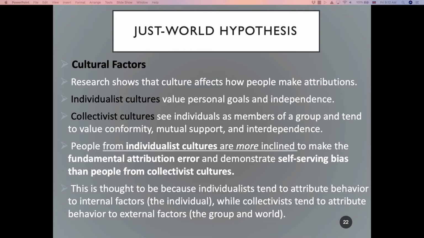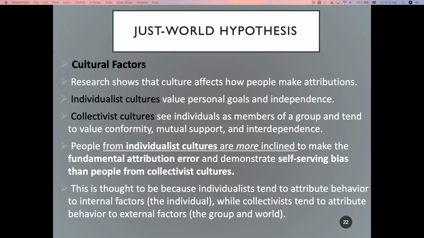I am from an individualistic culture. I am more likely to demonstrate a fundamental attribution error. I blame somebody cutting me up when I'm driving on their personality traits. I'm more likely to believe in the self-serving bias, that I got my job promotion because I was good.